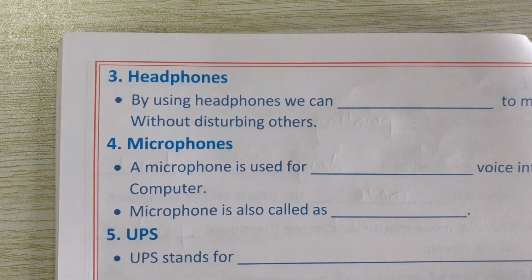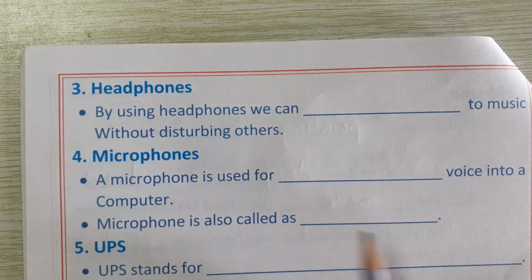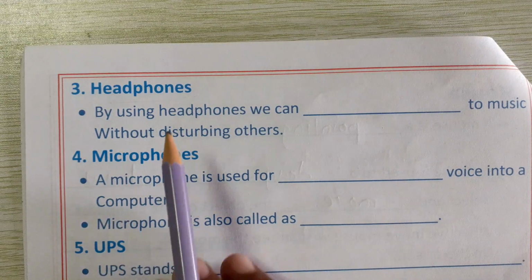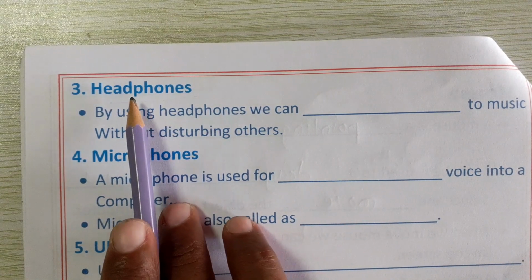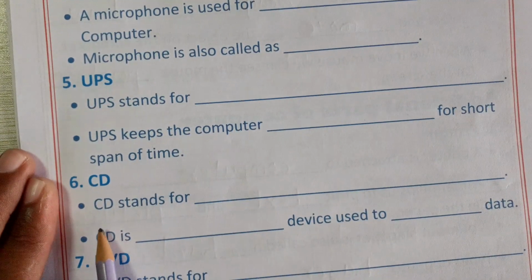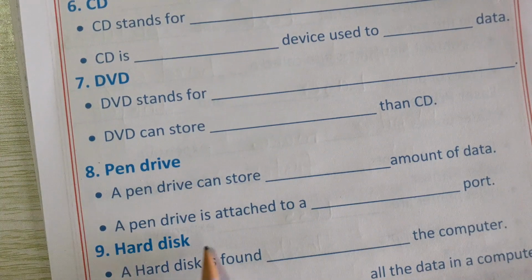See, headphones. What are headphones? These are all the additional parts: printer, speaker, headphones, microphones, UPS, CD, DVD, pen drive and hard disks.